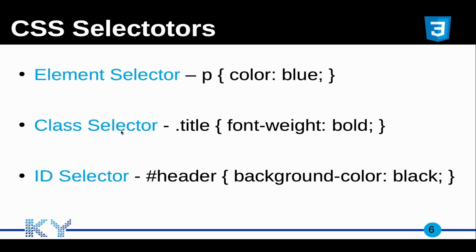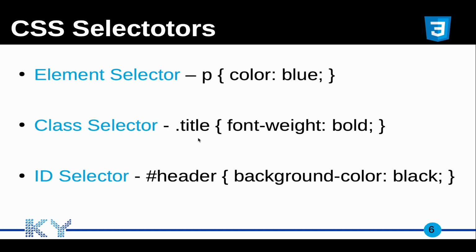Then secondly, we have the class selectors. How this works is that you would put class as an attribute, then equal it to whatever class you want to give it. So class equal to quotes. Within your quotes, you are going to put whatever class you want to give the element. Then you're going to use this class to target that element.